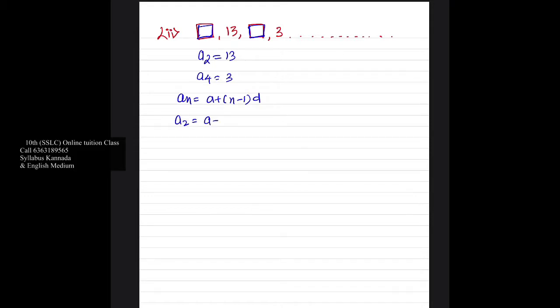So first term we don't know, we have to find out the value of first term. ಸೊ n ಮೀನ್ಸ್ 2. ನೋಡಿ ಇಲ್ಲಿ n ಏನು ತೊಗೊಂಡಿರ್ತೀವಿ, 2 ಅಂತ ತೊಗೊಂಡಿದ್ದೀವಲ್ಲ, ಅದನ್ನೇ ಇಲ್ಲಿ ತೊಗೋಬೇಕು. ಸೊ a2 ಈಸ್ ಈಕ್ವಲ್ಸ್ ಟು a ಪ್ಲಸ್ 2 ಮೈನಸ್ 1 ಇಂಟು ಡಿ. ಓಕೆ, ಸೊ ನಮಗೆ ಡಿ ವ್ಯಾಲ್ಯೂ ಕೂಡ ಗೊತ್ತಿಲ್ಲ. ಸೊ 2 minus 1 is 1. ಸೊ 1 ಇಂಟು ಡಿ ಈಸ್ ಡಿ. ಓಕೆ, ಸೊ a2 ಎಷ್ಟು ವ್ಯಾಲ್ಯೂ ಕೊಟ್ಟಿದ್ದಾರೆ, a2 ಈಸ್ ಆಲ್ರೆಡಿ given, that is 13. 13 ಈಸ್ ಈಕ್ವಲ್ಸ್ ಟು a ಪ್ಲಸ್ ಡಿ. ದಿಸ್ ಈಸ್ ಇಕ್ವೇಷನ್ ನಂಬರ್ 1.